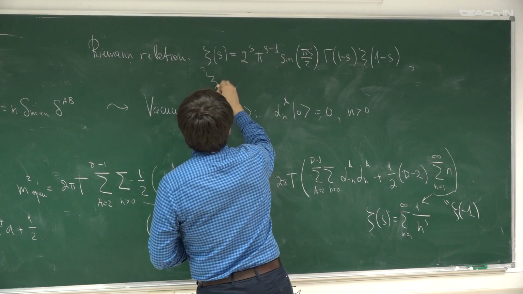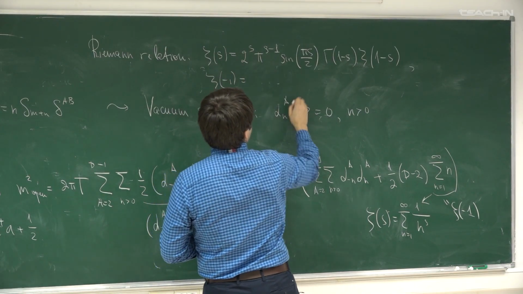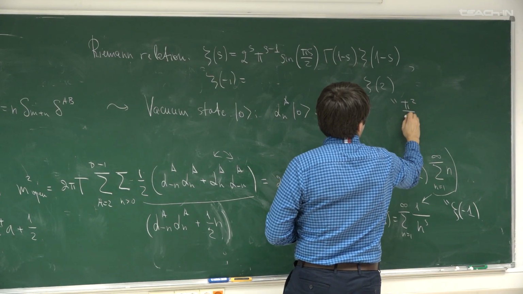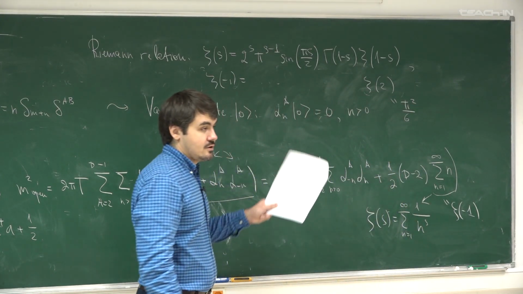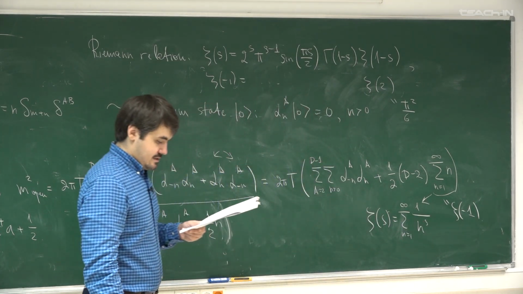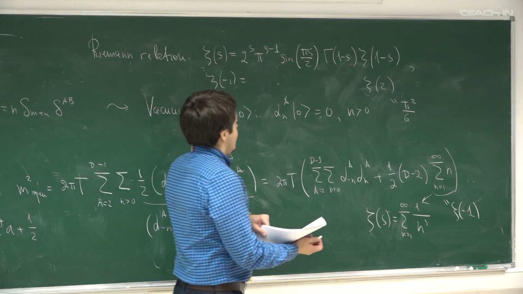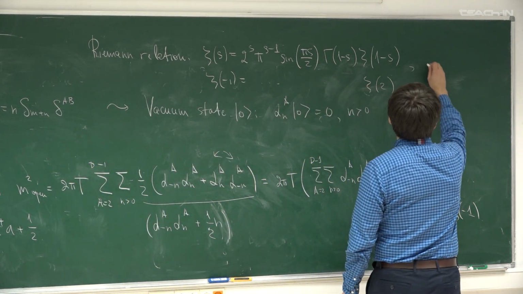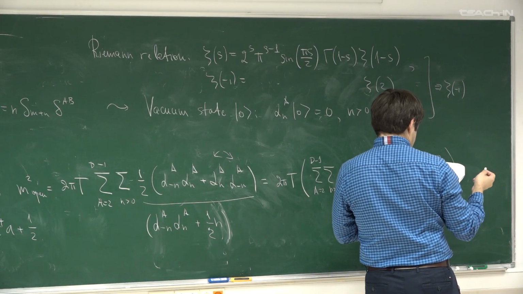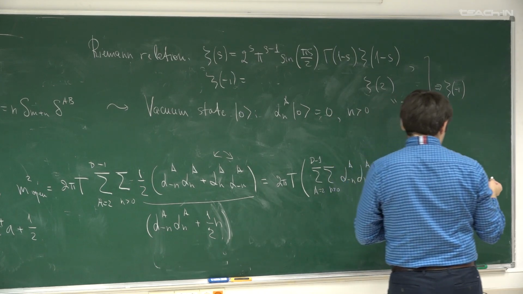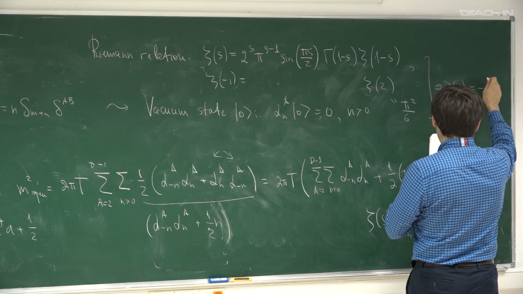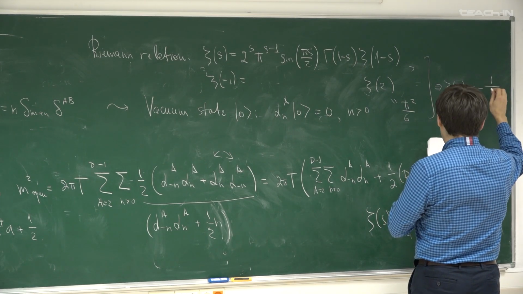Here zeta of minus 1 is whatever it is. And then there's zeta of 2, which is pi squared over 6, right? All positive even values of zeta are expressed in terms of factors of pi. So then you derive that zeta of minus 1 is minus 1/12. No, 1/24.